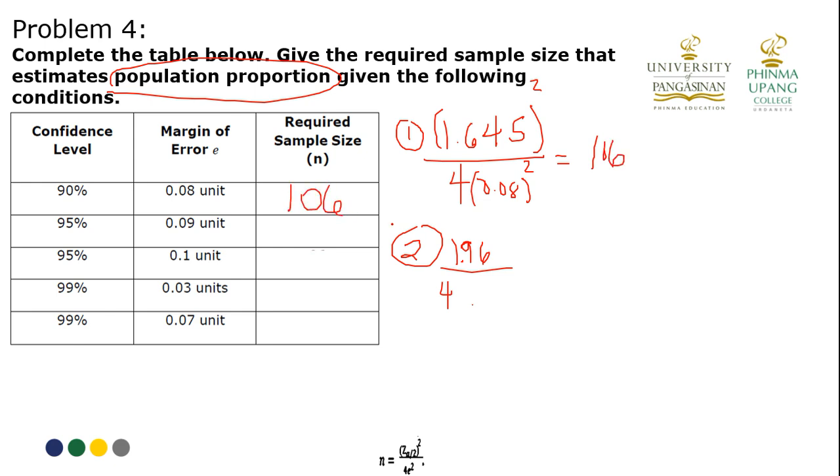How about number 2? 1.96 squared. Your E is 0.09 squared. Answer. 150. 119. Ay, 150, 119.